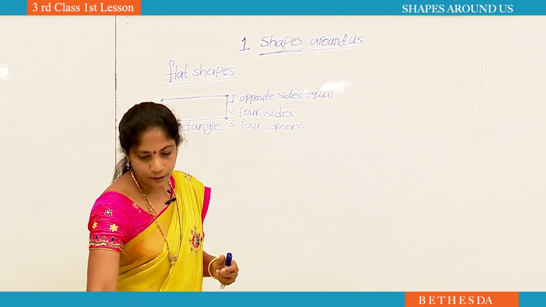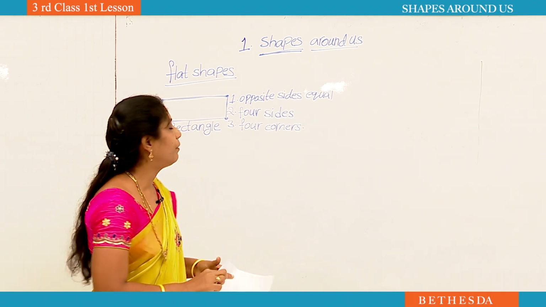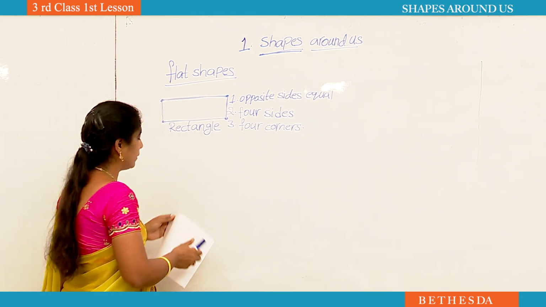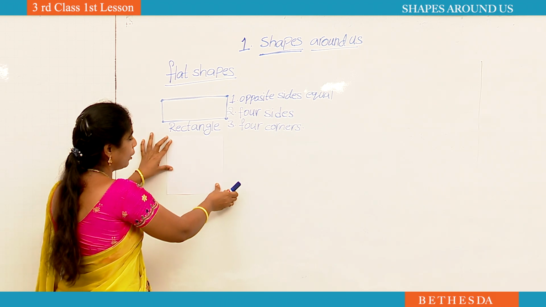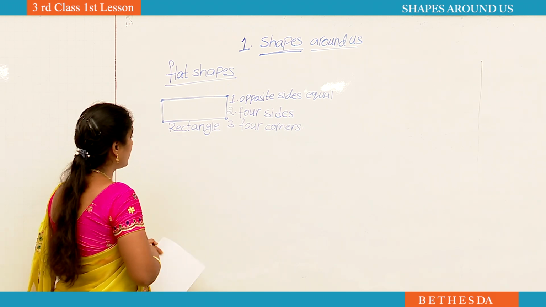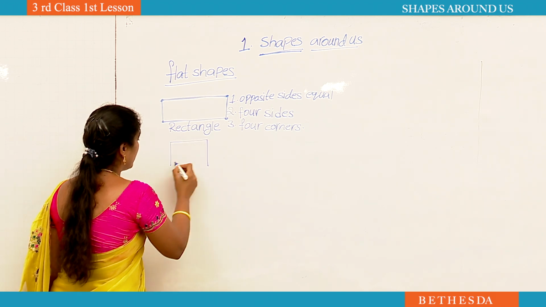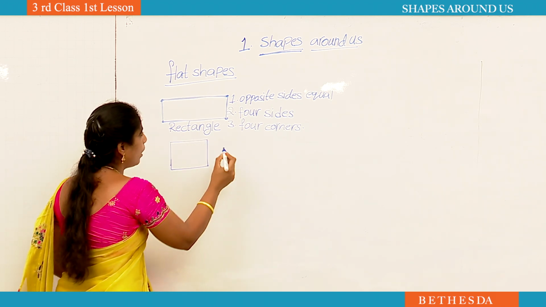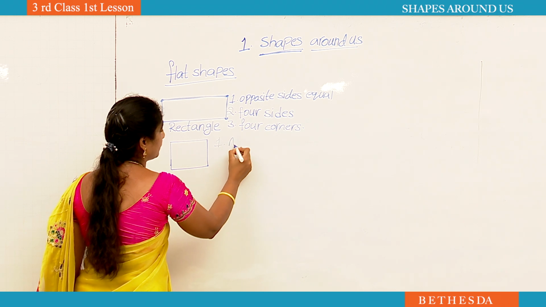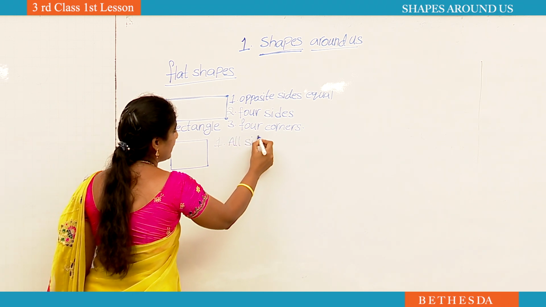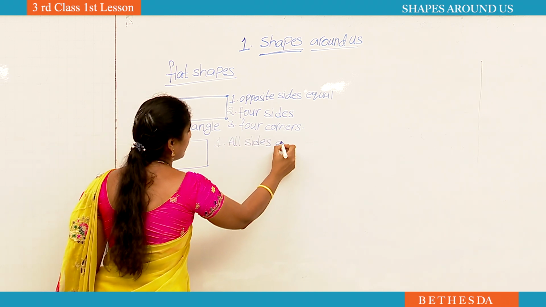Okay, next go to the second flat shape. What is that? Square. Did you remember the square? How can you find out this is a square? In the square all sides are equal.